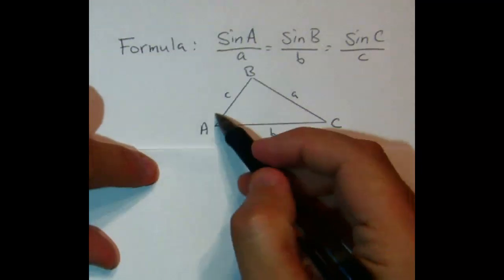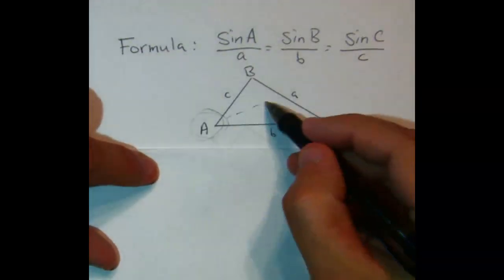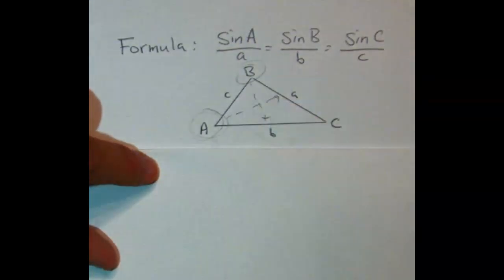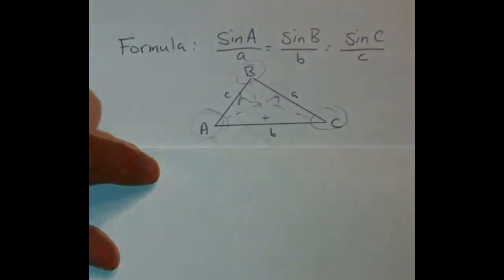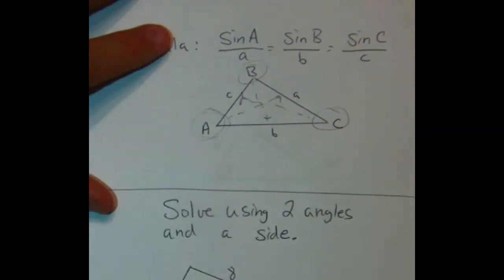The sine of A comes from the angle A and its opposite side, and sine of B to its opposite side, and sine of C to its opposite side. Alright, watch how this is worked. This is not that bad at all.